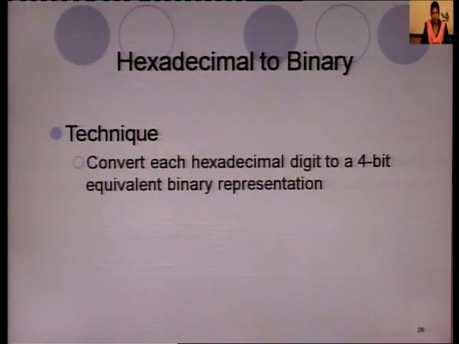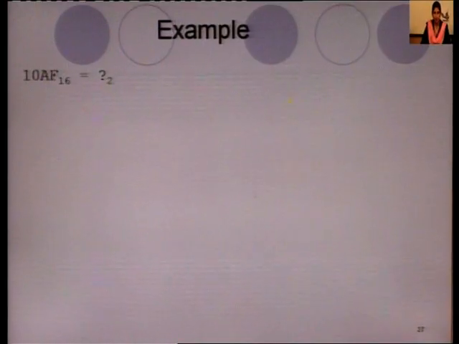The technique for this is to convert each hexadecimal digit to its 4-bit equivalent binary representation. As we have studied in octal to binary, we converted each octal digit to a 3-bit equivalent binary representation, but in hexadecimal we will convert each hexadecimal digit to a 4-bit equivalent binary number. We have an example 10AF having base 16, and we have to find its value in binary.